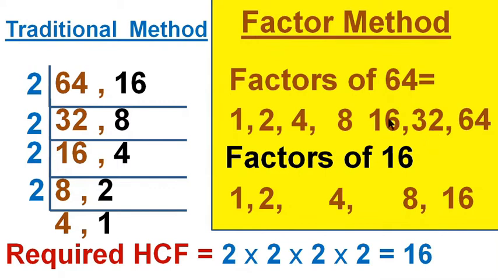And if we observe here, 16 and 16 are the highest common factor. Here also 8 and 8 are common factors, 4 and 4, 2 and 2, 1 and 1. All these are common factors, but 16 is the highest common factor. So our HCF, or highest common factor, is also 16.